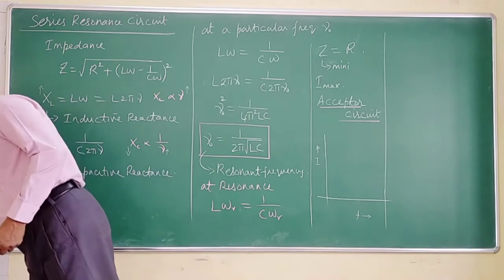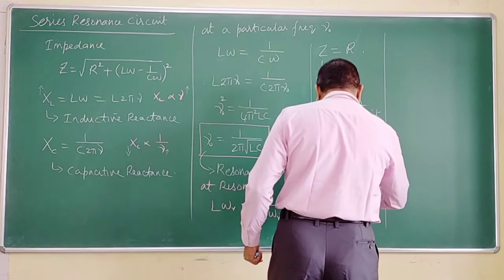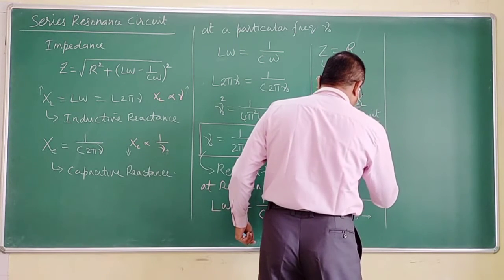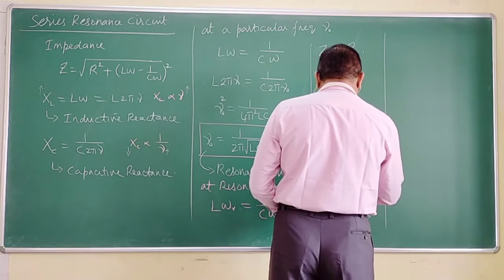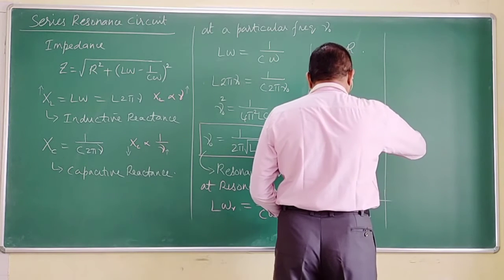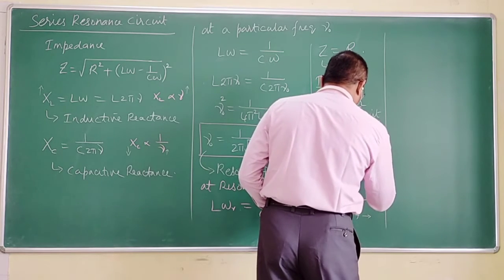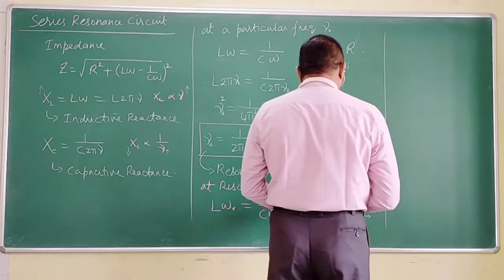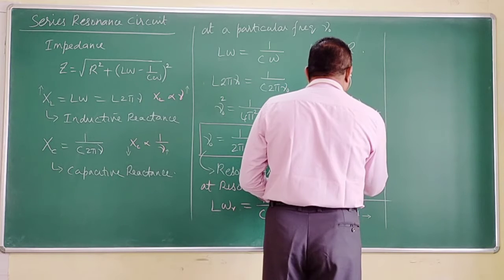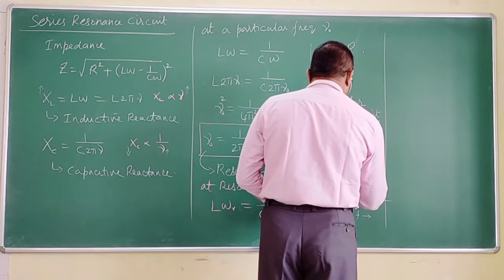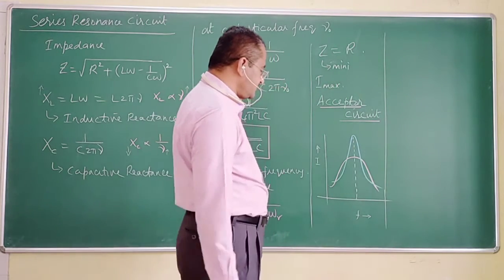Let us try to understand that using these graphs. We can draw a family of curves. I will restrict myself to these two curves and try to explain what it actually means.